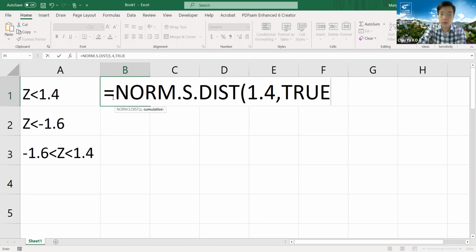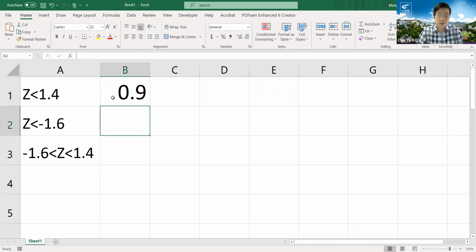Okay, so this is the normal standardized distribution, 1.4, true. So that would be your input.